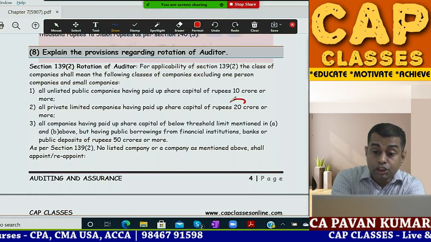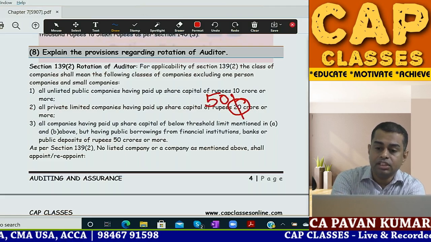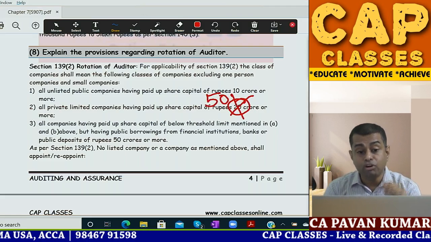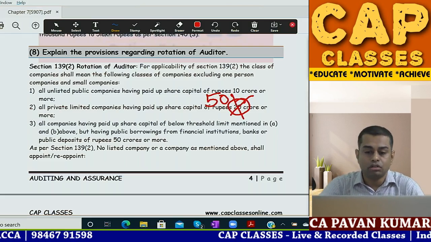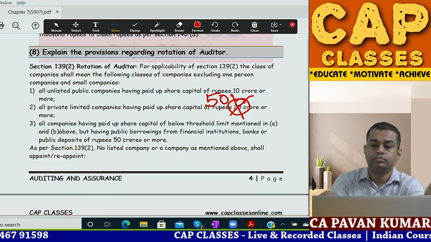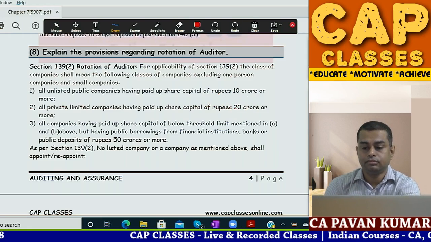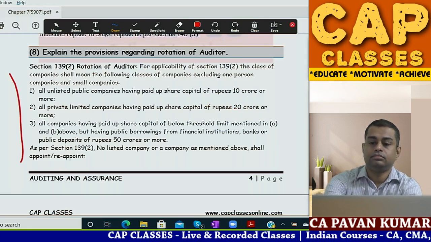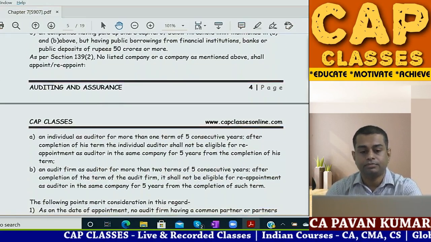So here it should be 50, not 20. This is the old provision. The correct amount is 50. Okay, please make a note. It is not 20. There is an amendment. 50 is correct.